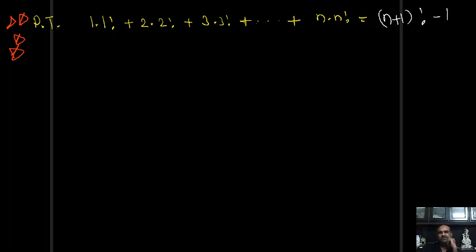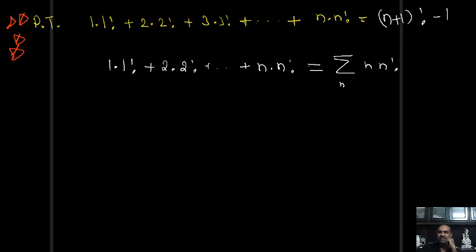Okay. So, 1 into 1 factorial plus 2 into 2 factorial and so on, plus n into n factorial, can be written as sigma n into n factorial, where n is taken from 1 to n. Obviously, the sigma symbol stands for summation, already you know that.